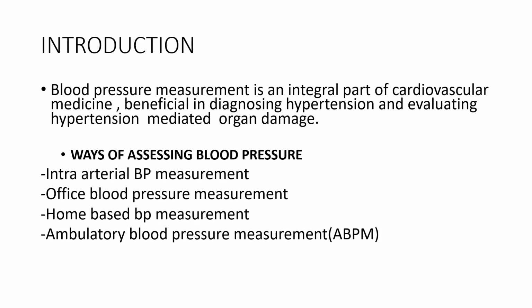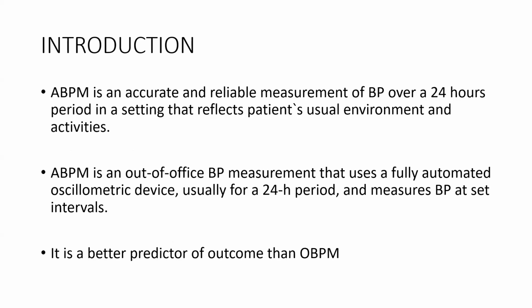And then the topic for today, ambulatory blood pressure measurements. Ambulatory blood pressure measurement is an accurate and reliable measure of blood pressure over a 24-hour period in a setting that reflects the patient's usual environment and activity. It is an out-of-office blood pressure monitoring that uses fully automated oscillometric devices. Remember that blood pressure measurements can either be manual or automated.